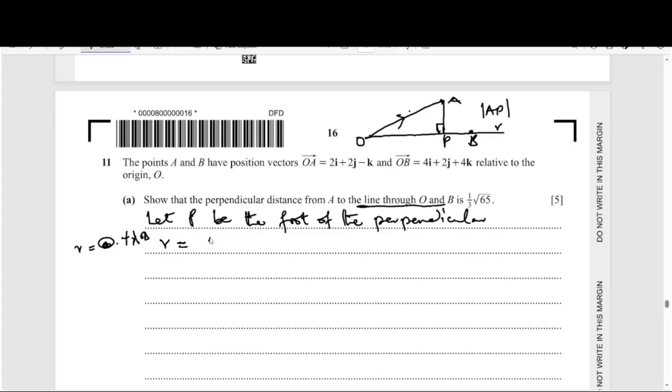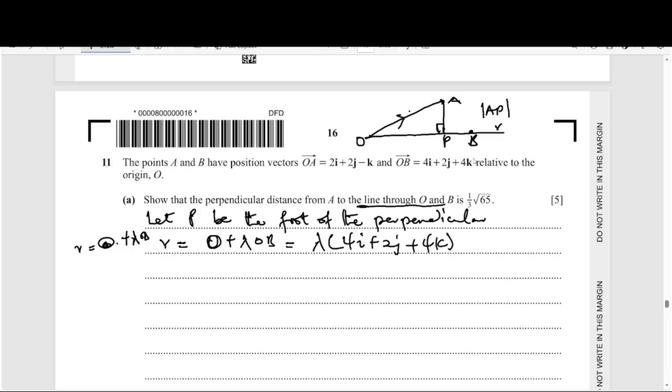So R is going to be the initial point O plus lambda OB, but O is 0, 0, 0, so that can be discarded. So that's R is equal to lambda times OB, and OB is 4i plus 2j plus 4k, right? So that's the equation of the line R.